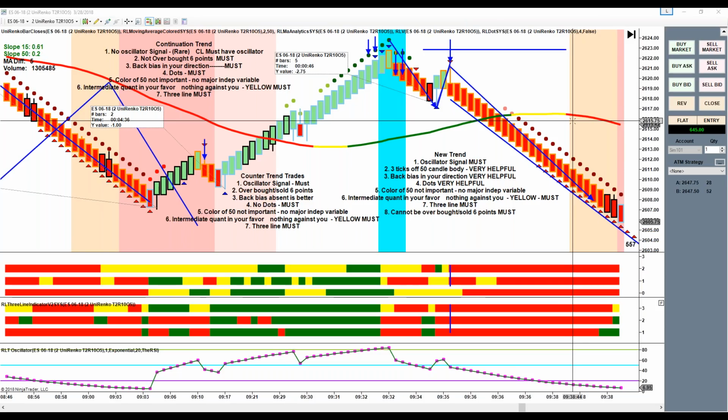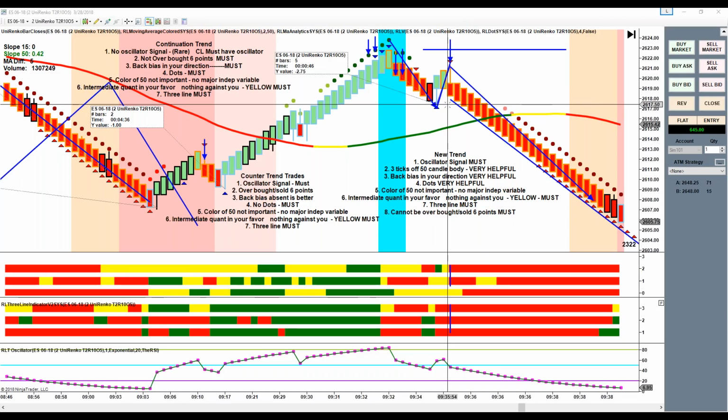Let's say you want to trade 10 contracts on crude and your goal is $1,500. You have so many contracts at risk, so you're only going to take the sweetest trades possible. You want a green background bias for a long. You want the quant. You want the oscillator. You don't want to take a counter trend trade. So you're going to wait for the perfect setup that has the lowest associated risk.